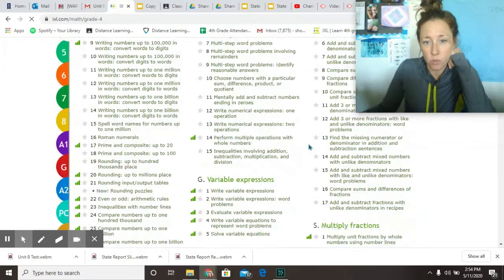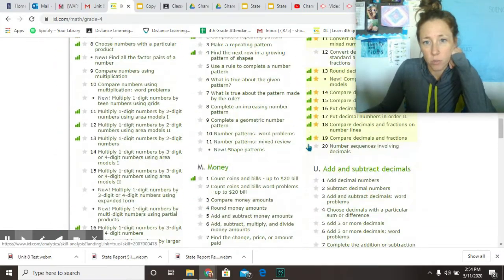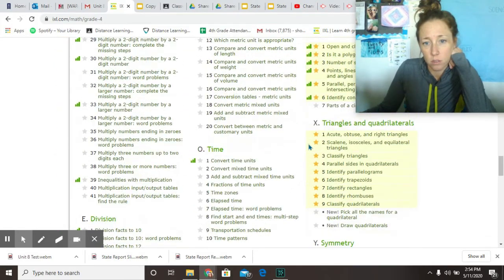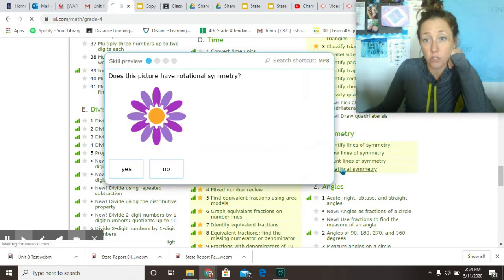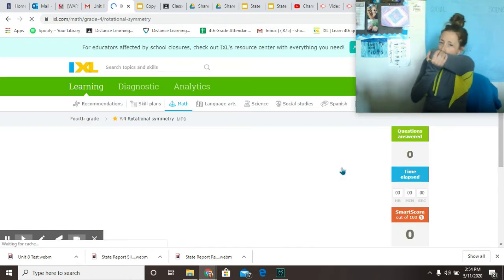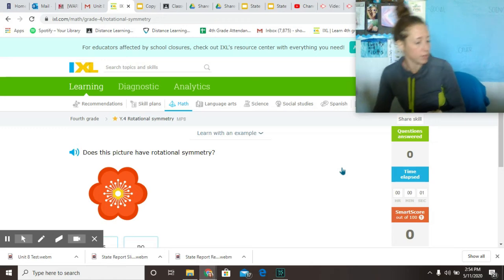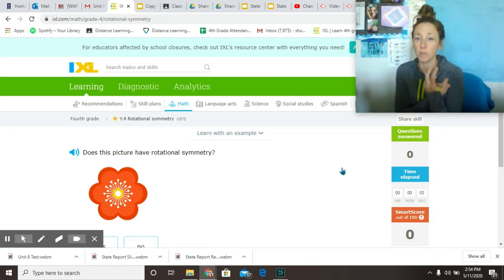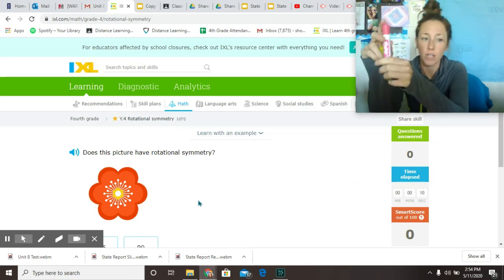Y4, the last one for this week. Rotational symmetry. Rotational is when you can spin something and it's going to end up looking the same. I can spin it and it's still going to be the same. Like this marker does not have rotational symmetry.